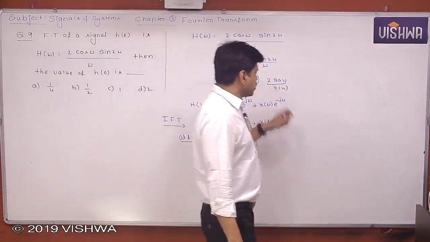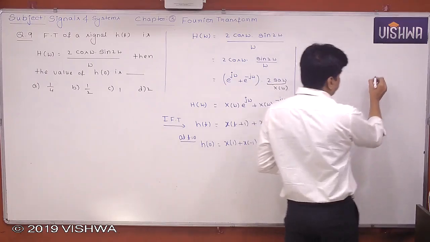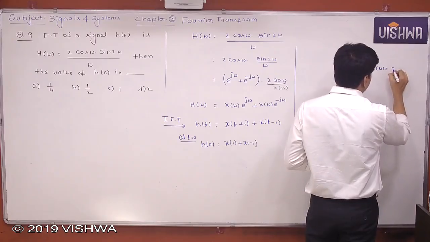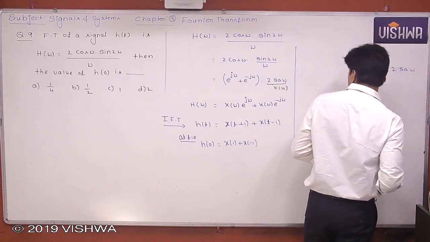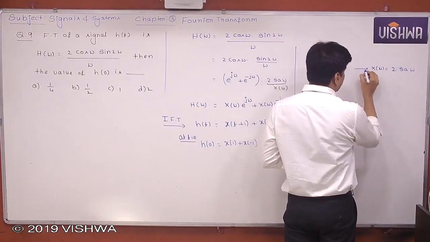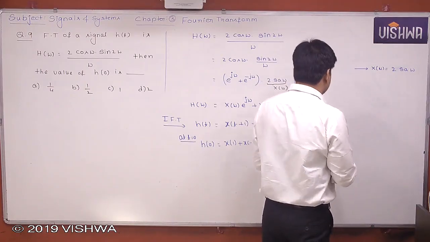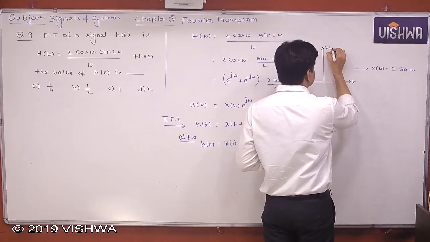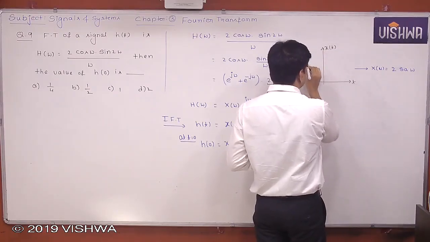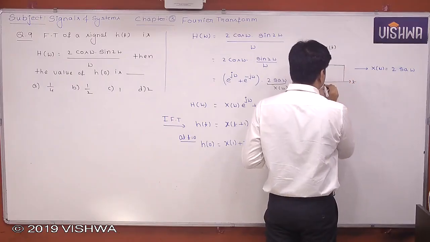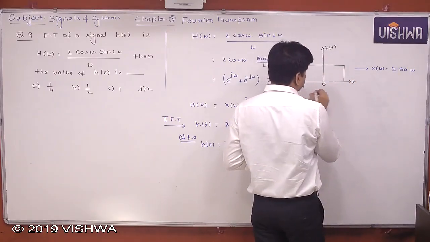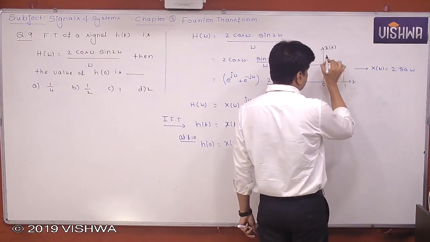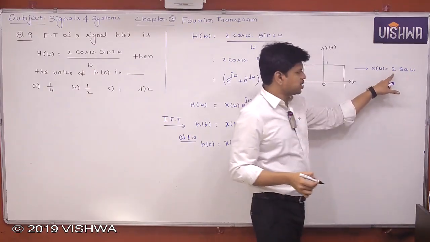So here X of omega is nothing but 2 sampling omega. To get this, what is the inverse Fourier transform, that is x of t. I know that to get a sampling function, x of t has to be a rectangular function, existing between minus 1 and plus 1, and here the area has to be 2.